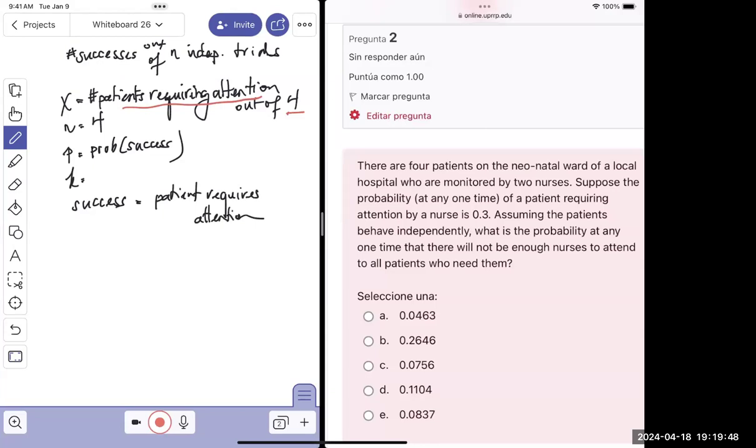So it means that X can be 0. Don't ever forget the 0, 1, 2, 3, or 4 patients. And the possible number of patients is either no patients require attention, 1 patient, 2, 3, or 4 patients require attention, or some combination of those.